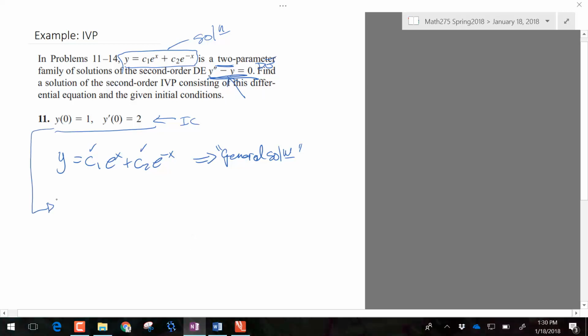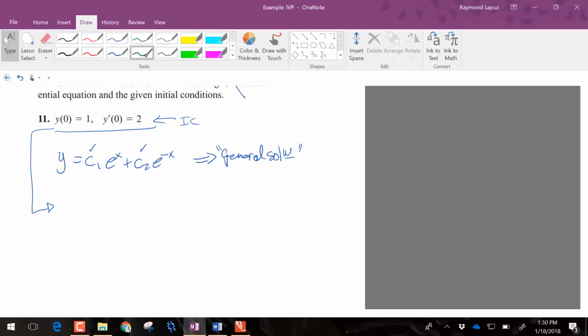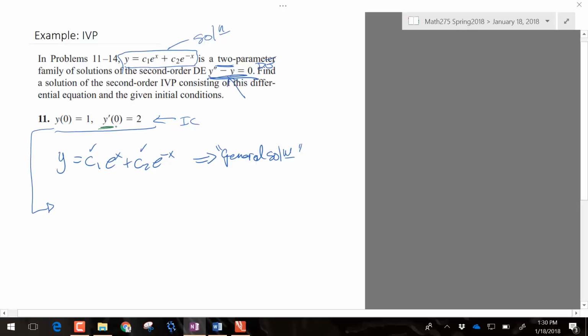So now we want to make sure that this fits the initial conditions. It looks like we're going to need the first derivative, because that's part of the initial conditions. So y prime: the derivative of e to the x is itself, and the derivative of e to the negative x is negative e to the negative x.